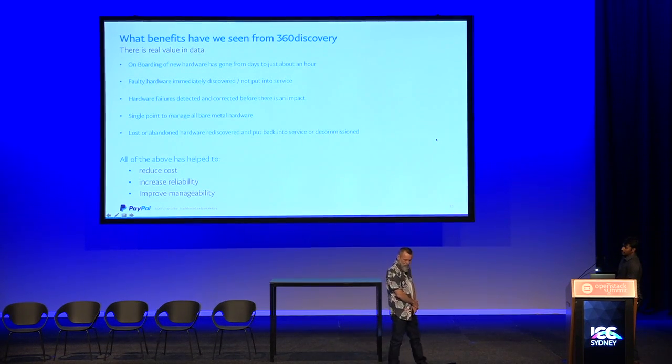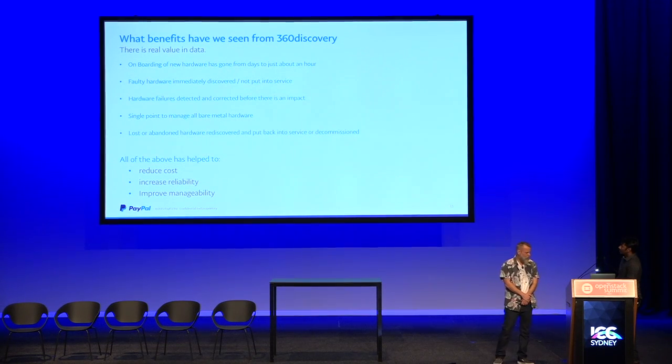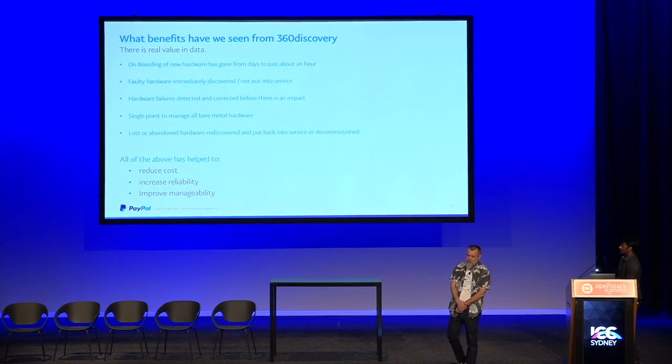As he said, the CMDB will have data which is not in Ironic, or Ironic will have data which the CMDB does not have, so the processor will find all the abandoned hardware. All of the above helps the company reduce cost, increase reliability, and improve the manageability of the infrastructure.